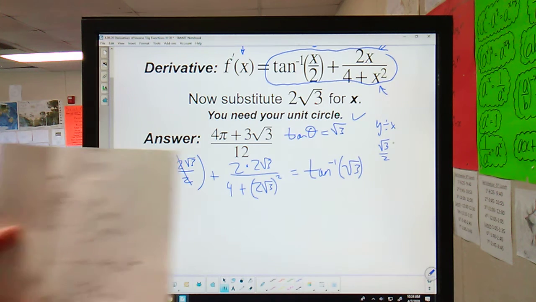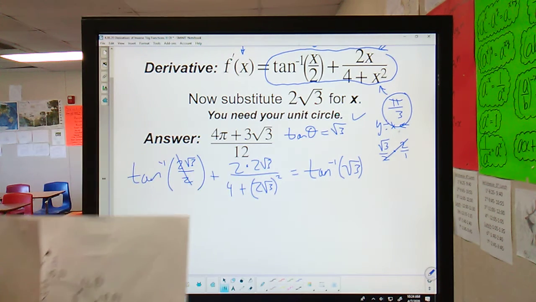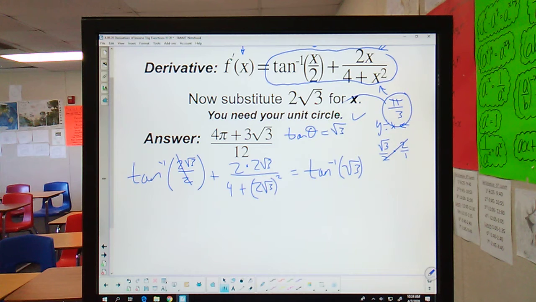The x at pi over 3 is 1/2, so I times it by 2 over 1. Remember, when you divide, you times it by the reciprocal. There it is. That's how we get radical 3. So in other words, using pi over 3 for my angle, dividing out the y and the x makes the tangent of pi over 3 equal to radical 3. So the inverse tangent of radical 3 is pi over 3.